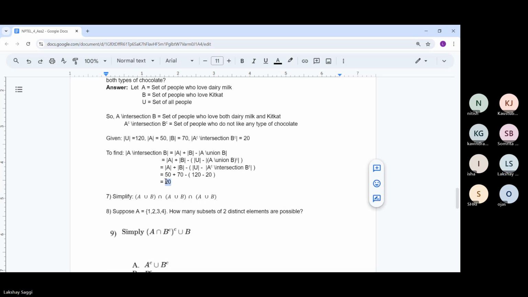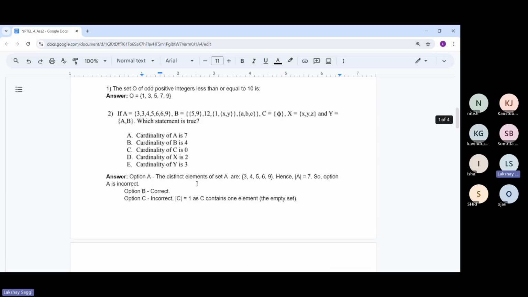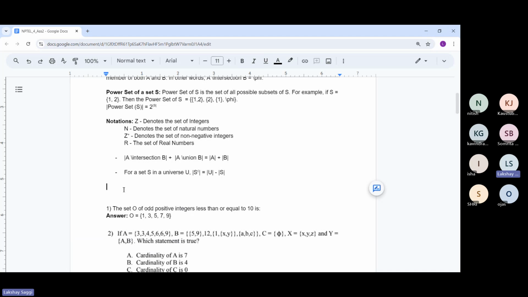So maybe I should mention what we call De Morgan's law: A union B complement is equal to A complement intersection B complement. You must have seen this in lectures, but I'll still mention it. The first law is that A union B whole complement is nothing but A complement intersection B complement.